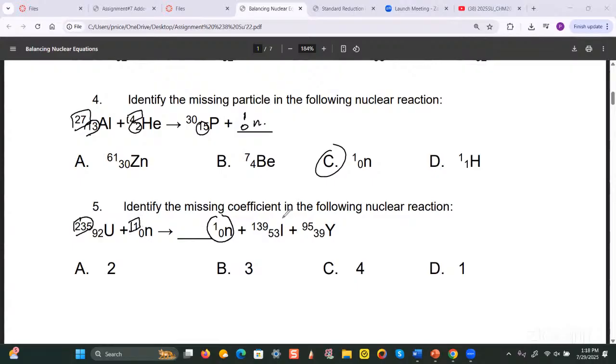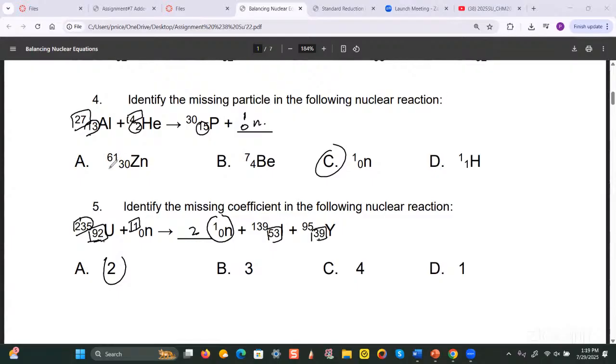And then on this side, you have 139 plus 95, and that's 234, right? So what number would go here as a coefficient? Exactly. And then just to make sure, if we add 53 to 39, that gives you 92, which balances with the 92 here. So the number 2 would go right there, right?